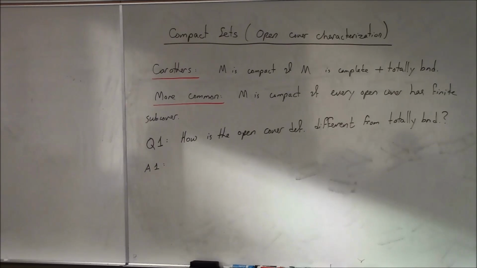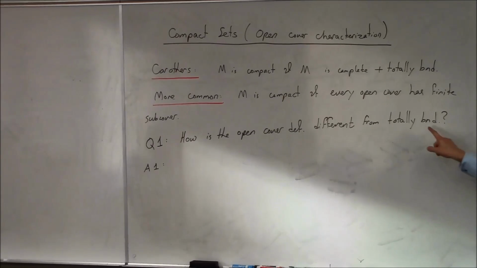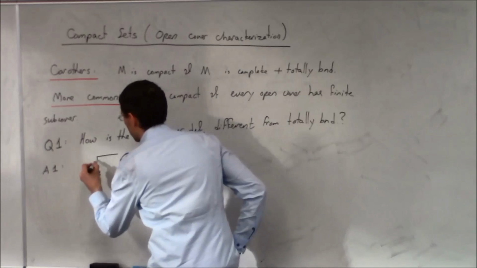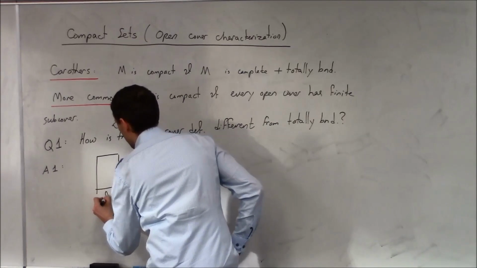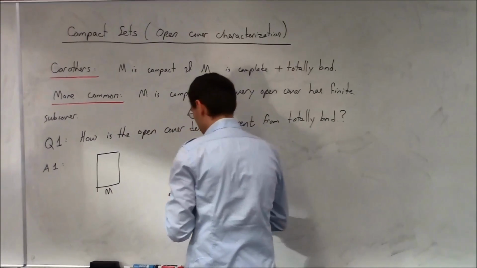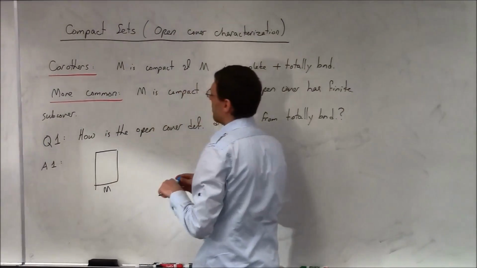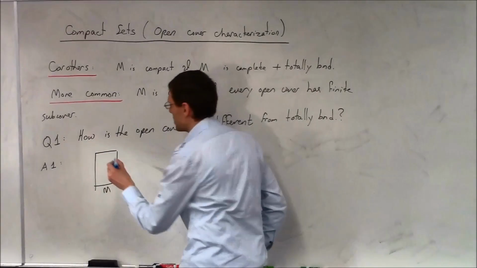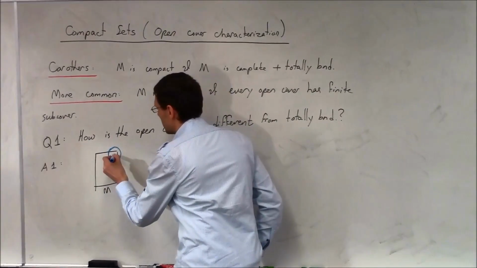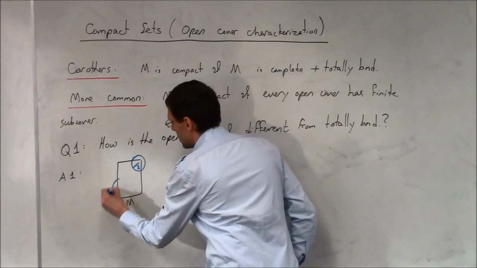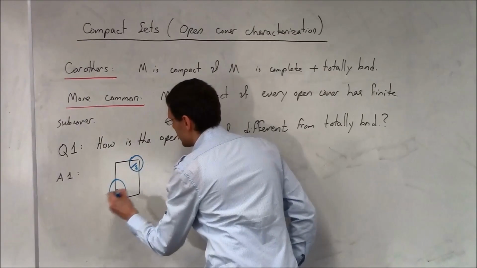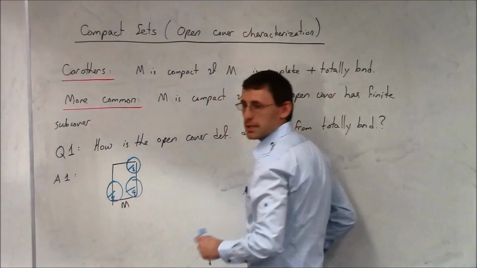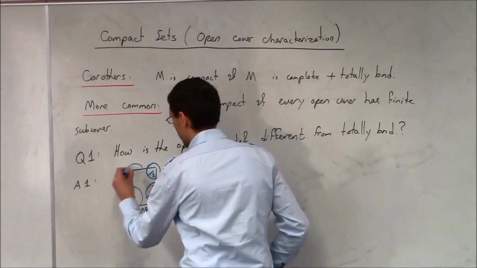Right, exactly. So when you think about totally bounded, the picture that you have is that here is your space M, and you cover it always by napkins that are all of the same shape and size. So this is epsilon, this is epsilon, and you just have finitely many such covers.